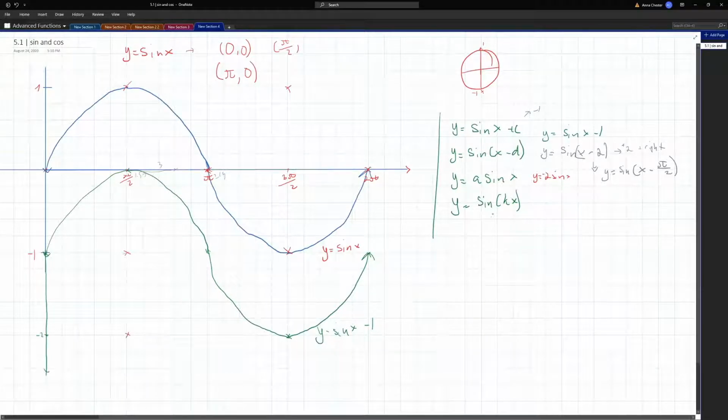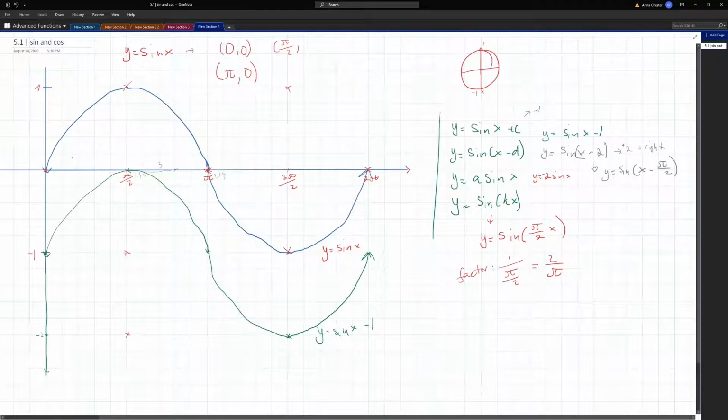So the most complicated version for me is this one. For example, if we had sine of pi over 2 of x. What does this section mean? Well, first of all, you need to find the factor that we're working with. The factor would be 1 over pi over 2, which is equal to 2 over pi.